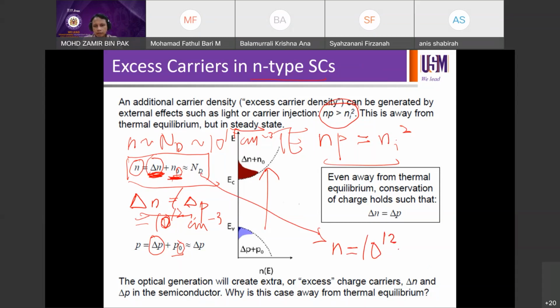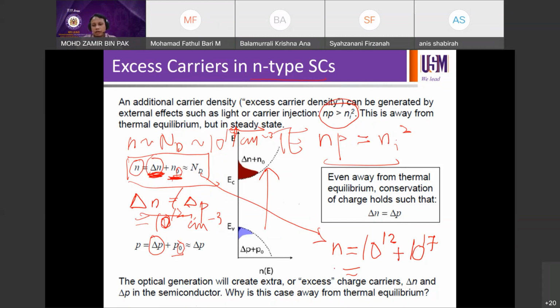Your N naught is, sorry, 10 to the 17, your original condition. Let's say you start off with 10 to the 17, N type. So what is the new condition? What is the new concentration of your electrons in this case?